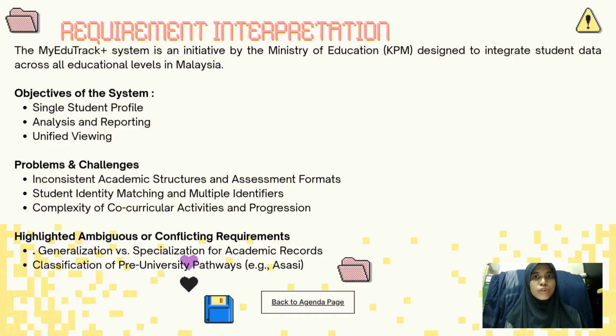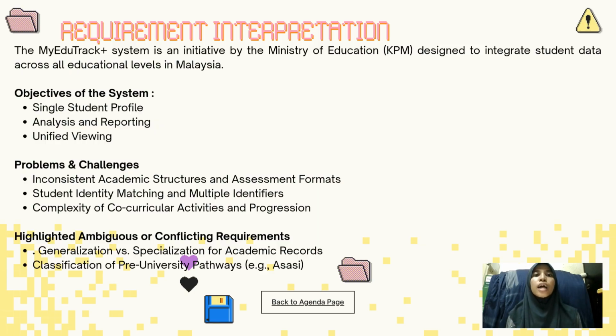The primary goal is to provide a unified, continuous view of the student learning journey, starting from primary school up to postgraduate studies. The first objective of the system is a single student profile, which is to establish a comprehensive timeline that records student lifelong development, including academic grades, co-curriculum involvement, achievements, and also career progression.